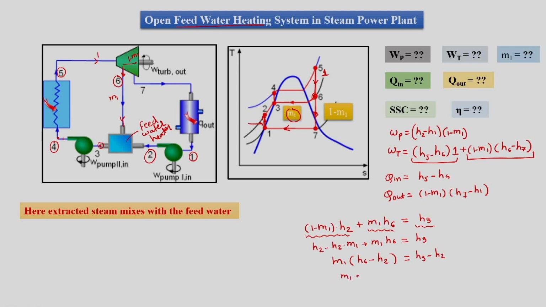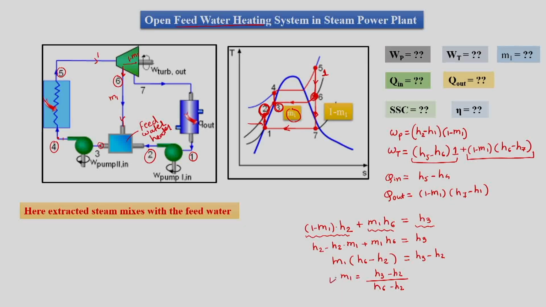So we have m1 equal to H3 minus H2 divided by H6 minus H2. Sorry, we have m1 equal to H3 minus H2 divided by H6 minus H2. This is the mass of steam which is bled, taken out from the turbine.